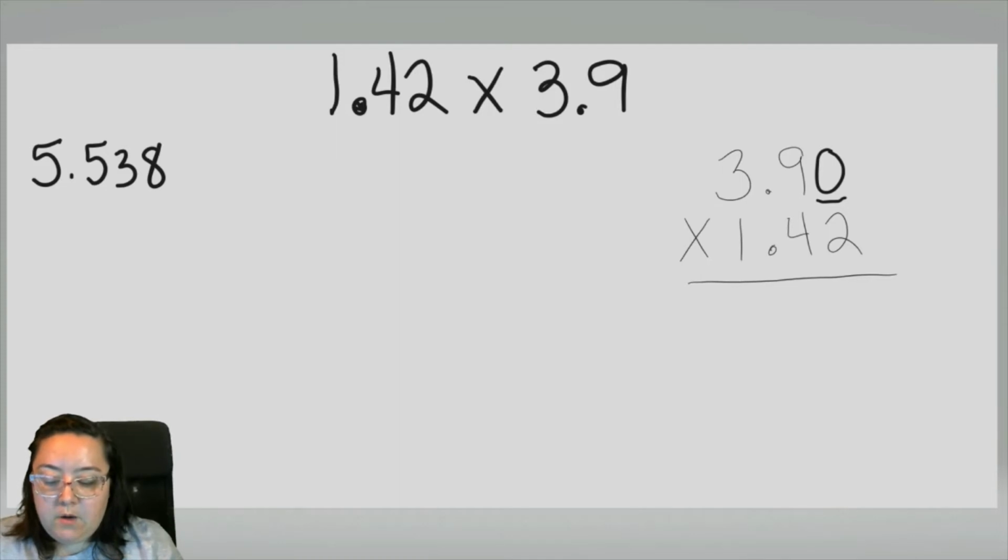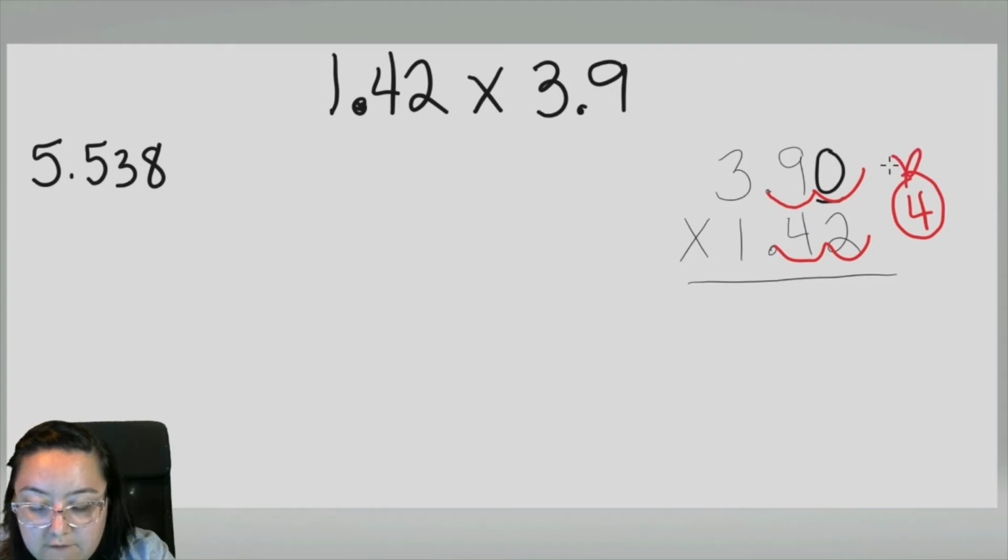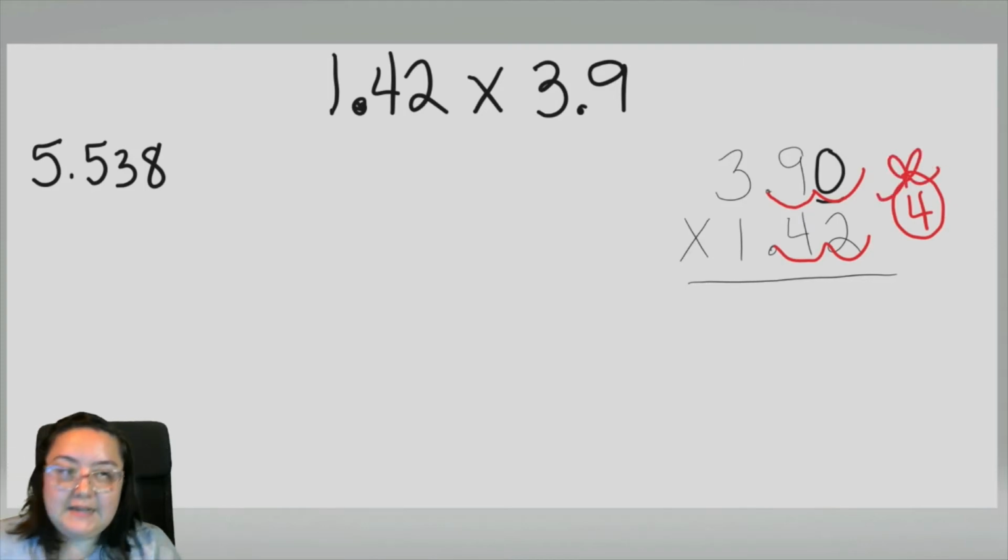So now we are going to get into the multiplication, and the first step is the same whenever you're dealing with a decimal. You have to kick it out of the problem first. So we are going to do just that. We are going to take these decimals and we are going to kick them out. 1, 2, 3, 4. This product should have 4 decimal places in it.